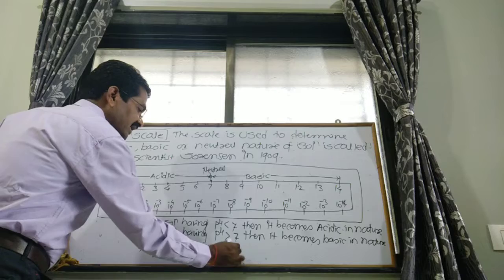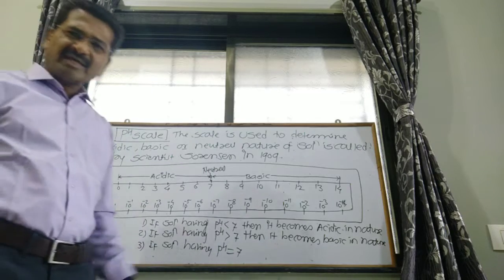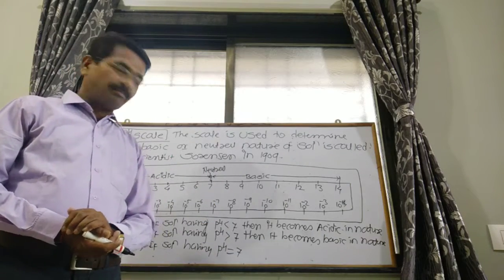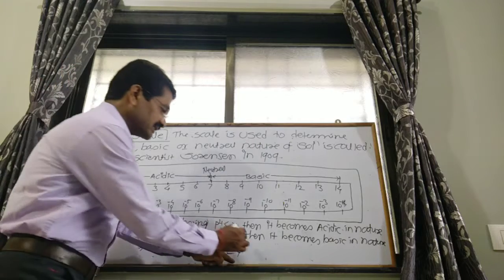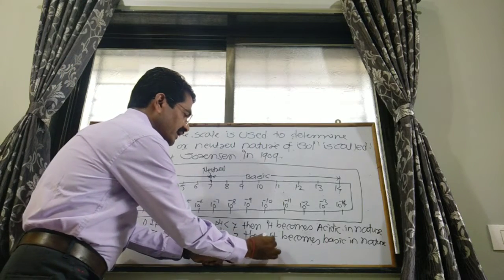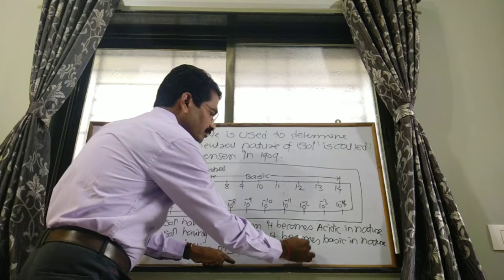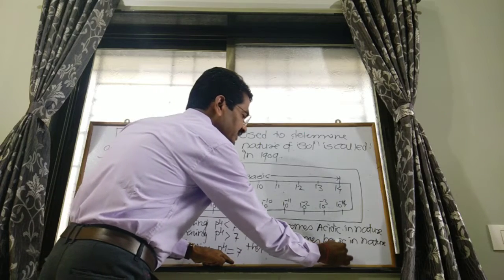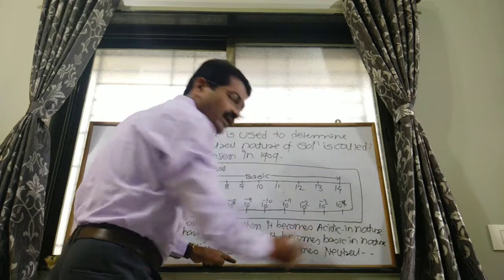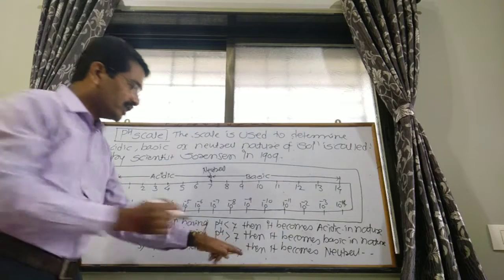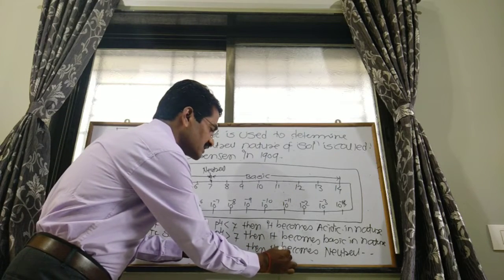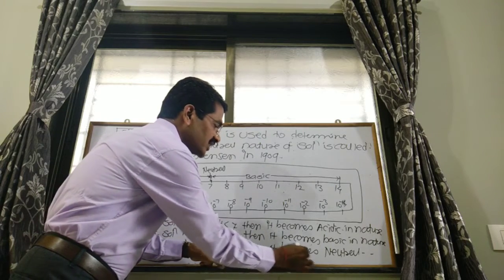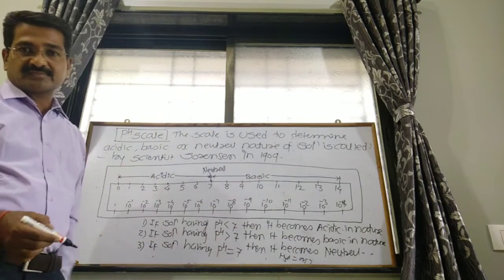Third, if a solution has pH exactly equal to 7, then it becomes neutral in nature. Neutral in nature means what? The hydronium ion H3O plus and OH minus ion are both equal.